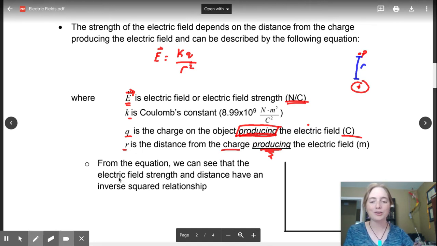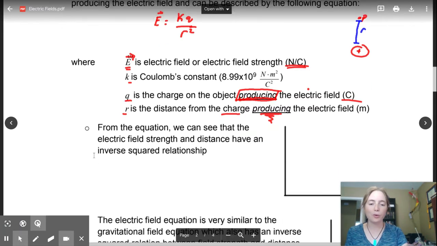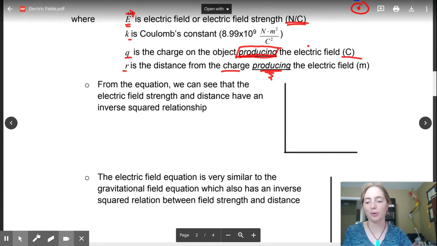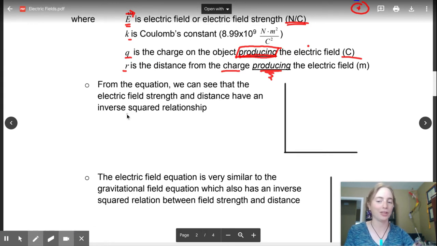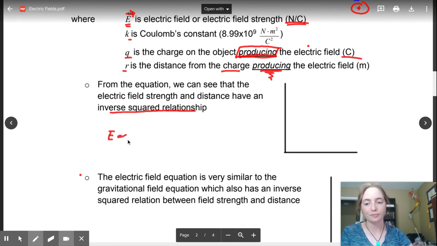So ladies and gentlemen, from that equation, like we've already done before, you can see a really nice inverse squared relationship between the strength of that electric field and the radius. So how do I graph this?